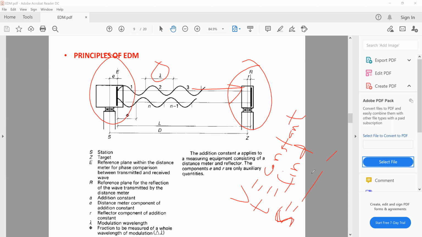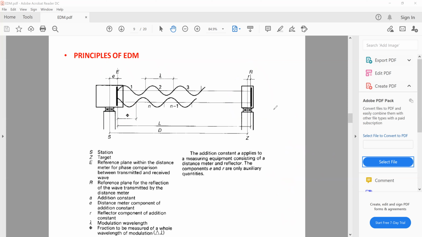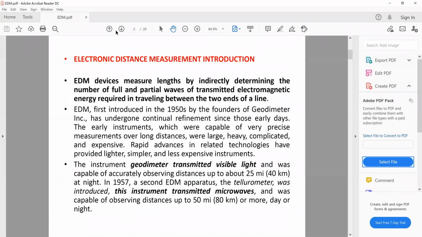The velocity is constant, and using the basic equation of distance, we can find out the distance between the two. So this is how the whole process works. Now, let's move back to the slides and see a few other details.